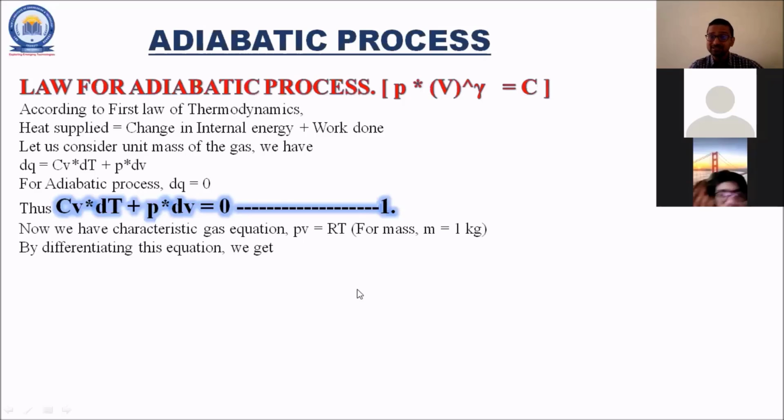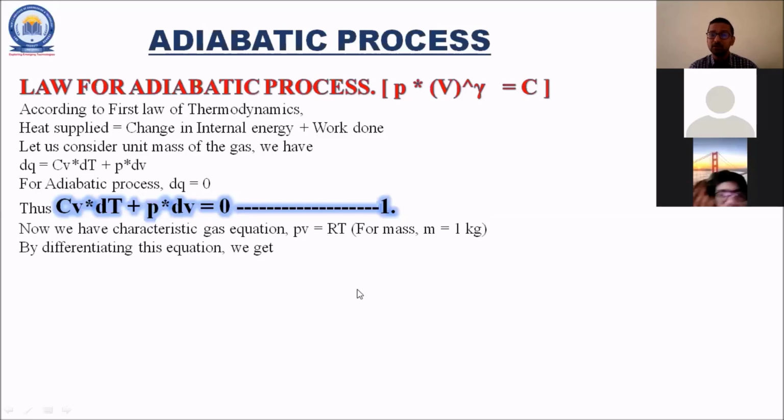Now we have the characteristic gas equation, that is PV is equal to RT. On differentiating this equation, we are using the simple differentiation rule, that is d by dx of u into v is equal to u dv by dx plus v du by dx.